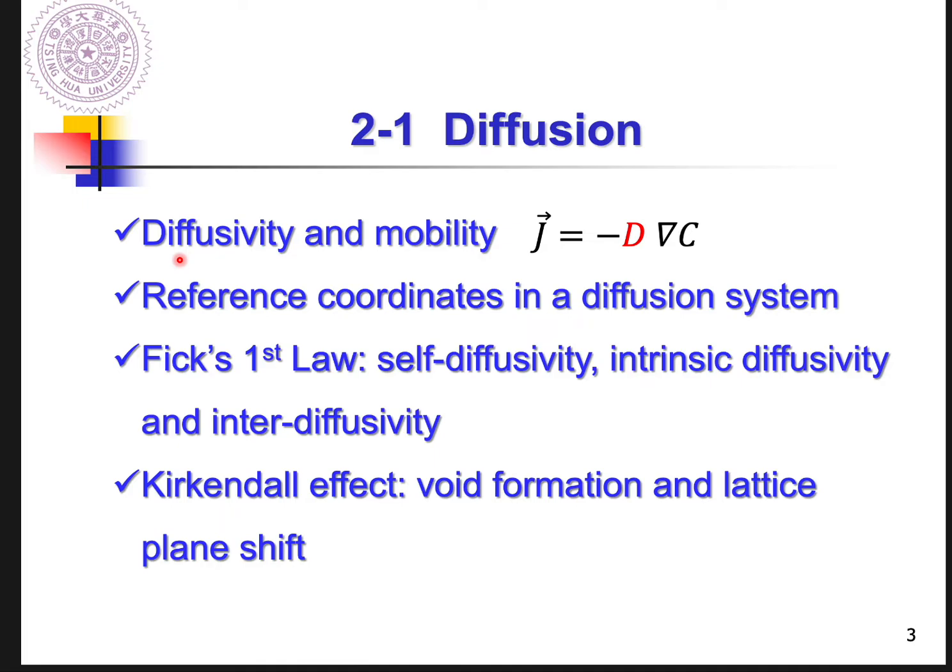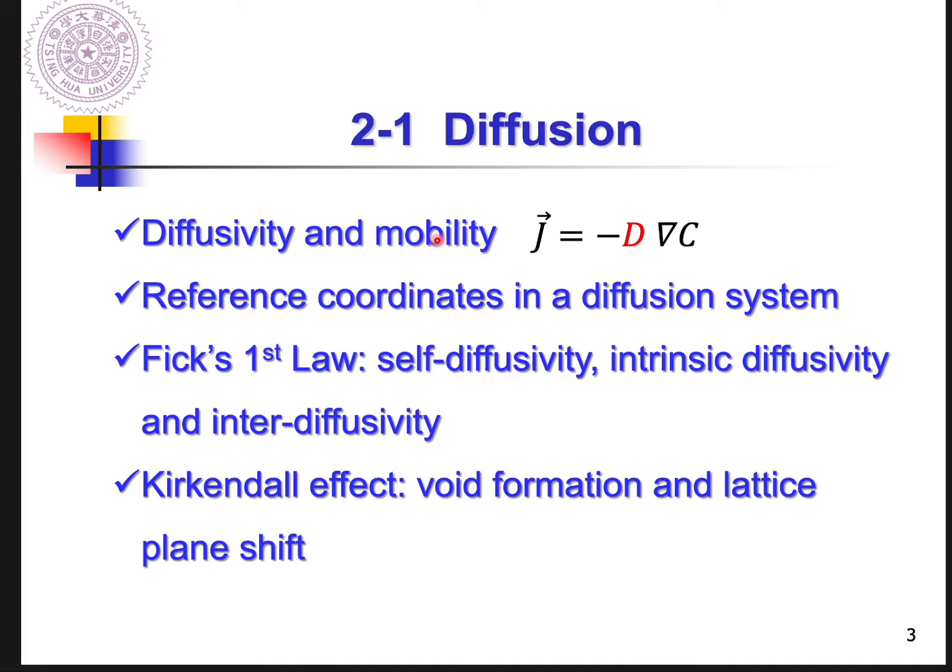Diffusion can be defined as atomic flux divided by minus concentration gradient, which we call diffusivity. We use diffusivity to describe how fast the diffusing atoms move through your materials.